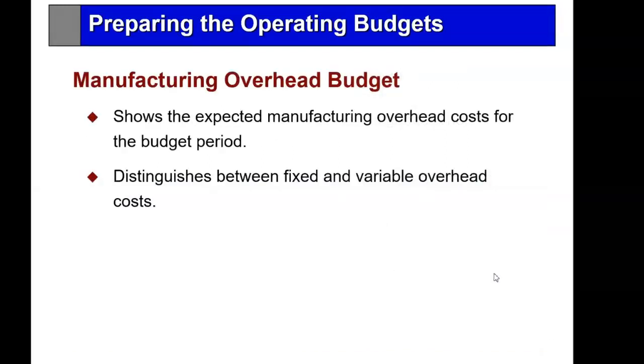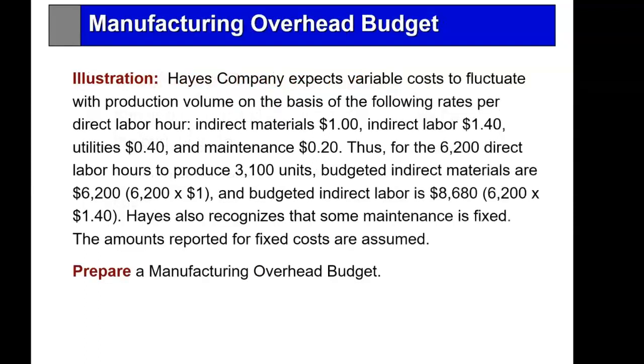Now, the third cost element in manufacturing is manufacturing overhead. And keep in mind, now that you know how costs behave, manufacturing overhead is 2 types of costs. Variable costs, which vary with the production. And there's the fixed costs that don't vary with production.